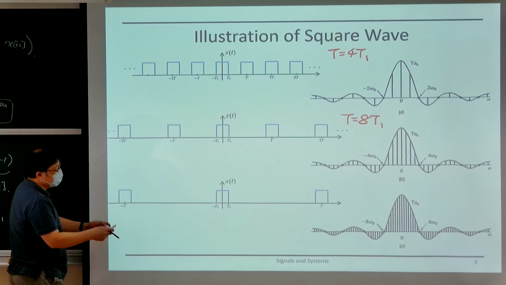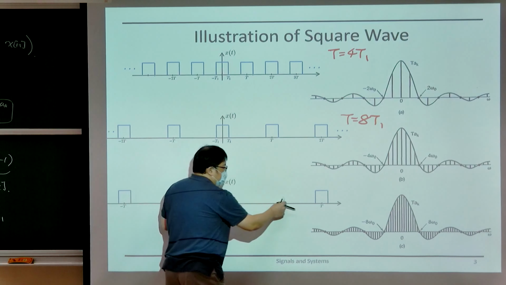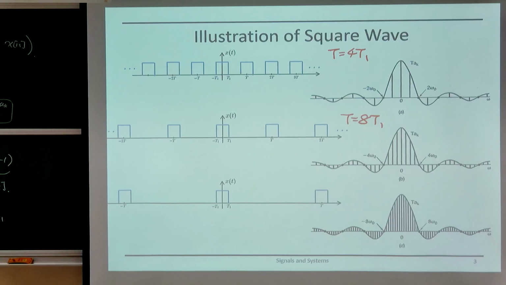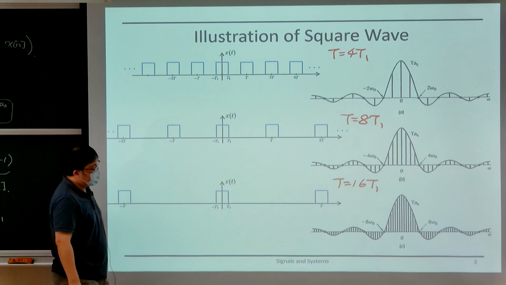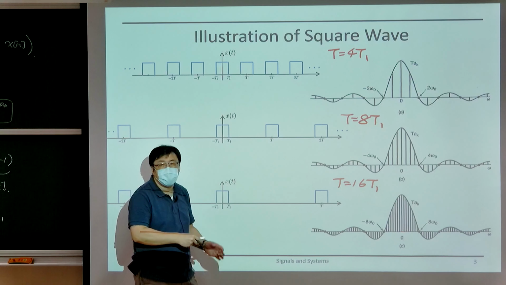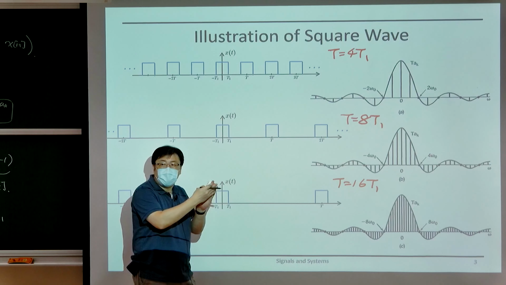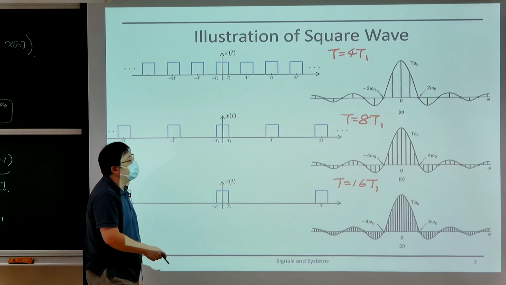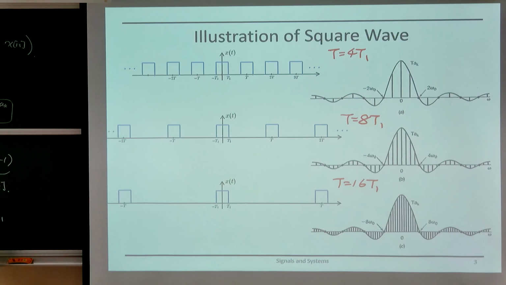Now, if we further stretch this to T equal to 16t1, then you would be sampling the sinc function even more and more densely than before.